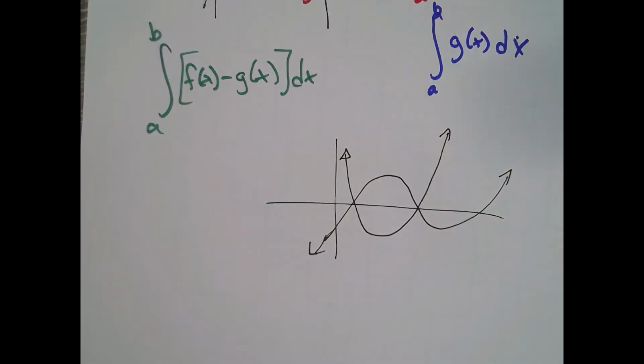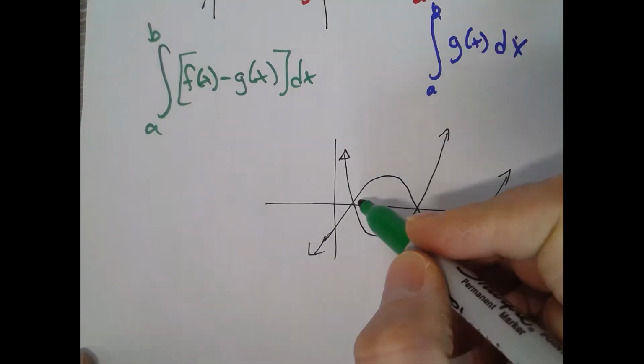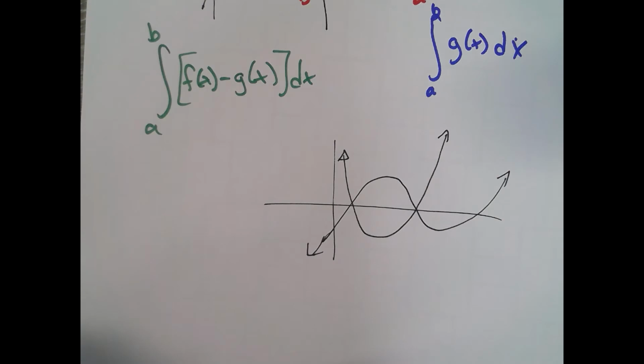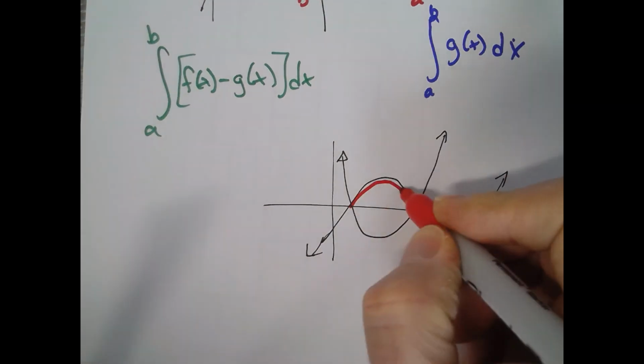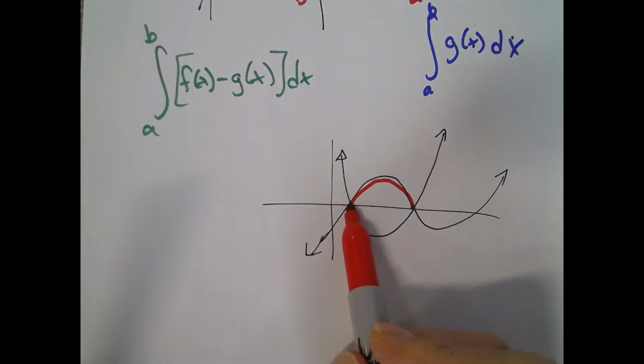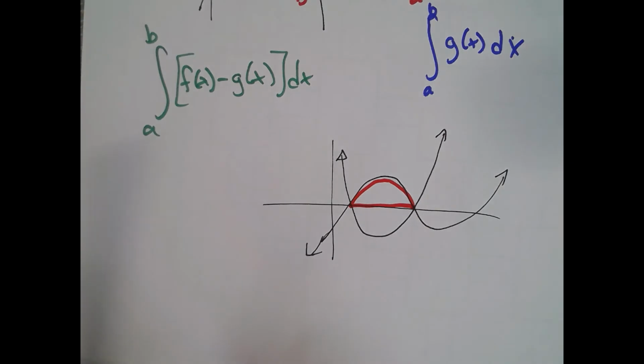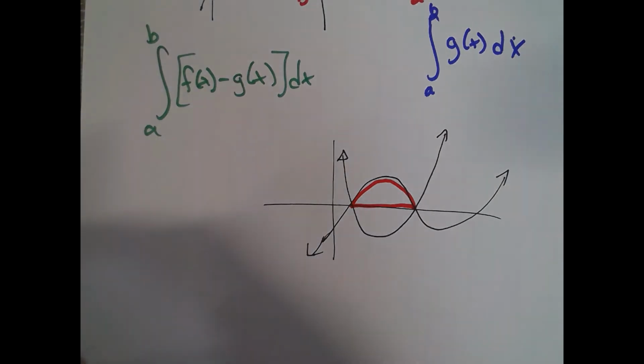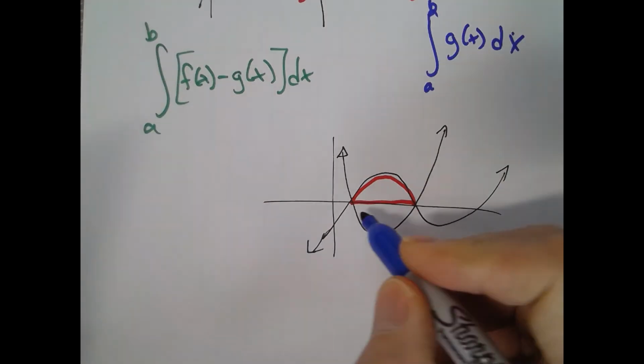Well, does it get messed up when it crosses the x-axis? If I found this red area right here, is that going to be positive or negative? Positive. It's above the x-axis. And then the area of the blue, in this case, is going to be negative, right?